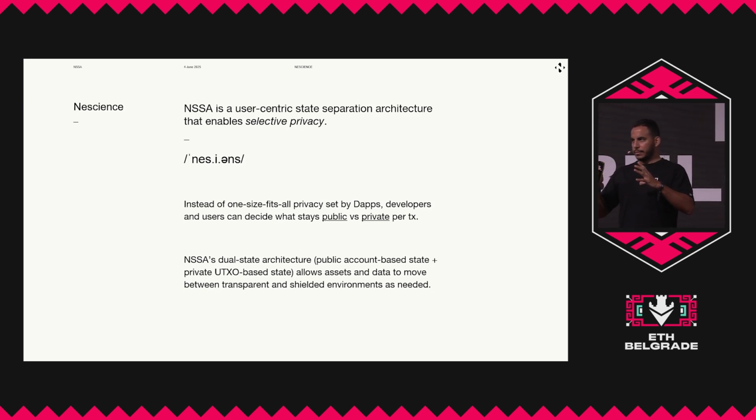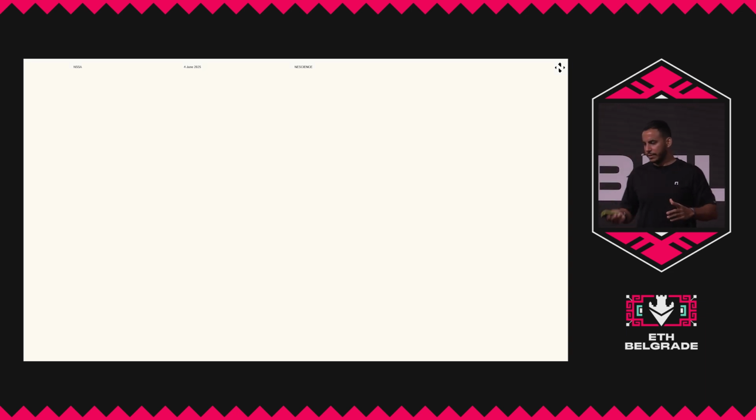The main idea is to have a double-state architecture: an account-based model and a UTXO-based model that can bridge between transparency and shielded environments as needed by the users.